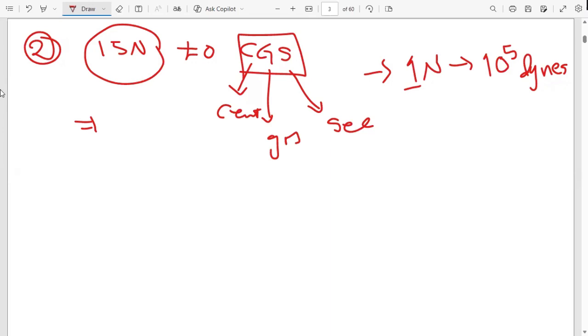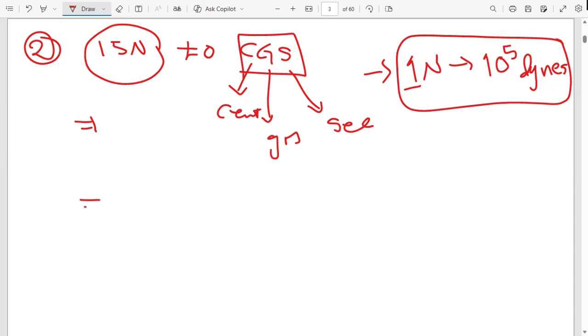Just kindly, quickly plug it into your calculators and tell me what you are going to get. 15 newtons when you convert it into dynes, given this conversion factor that we've written here, what is it going to be? 1.5 times 10 to the power 8.